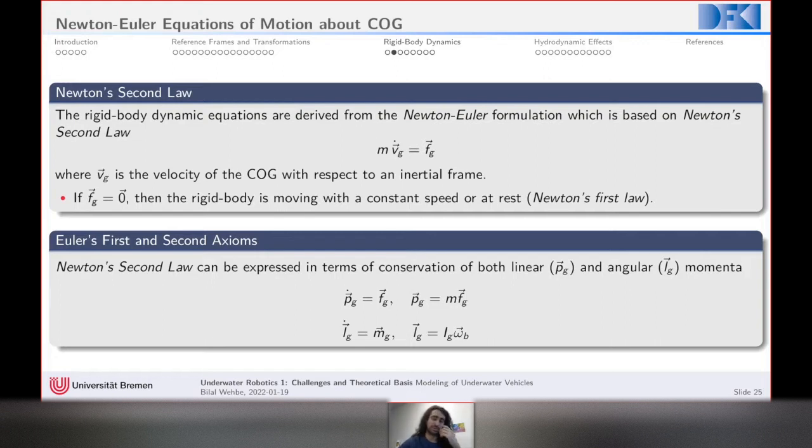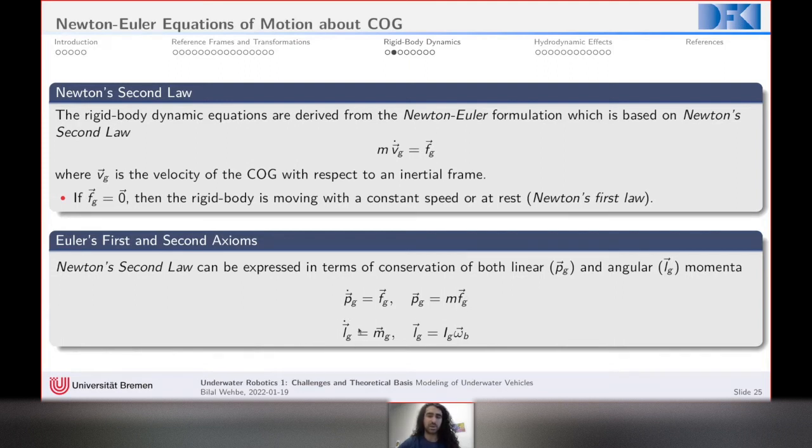So the time derivative of the linear momentum is equal to the force applied on the body, and the linear momentum is the mass times the velocity, sorry, here's a small mistake, this should be the linear velocity.